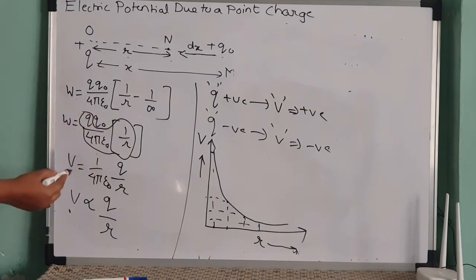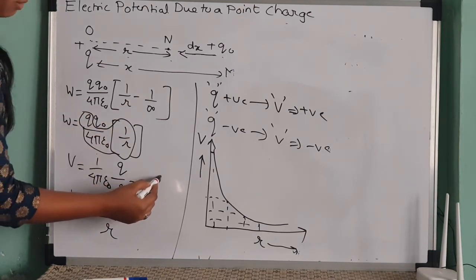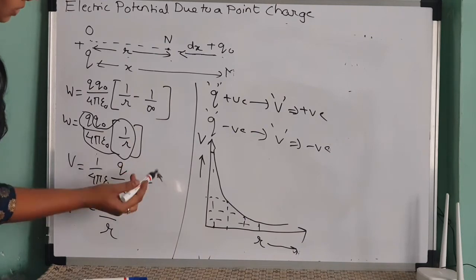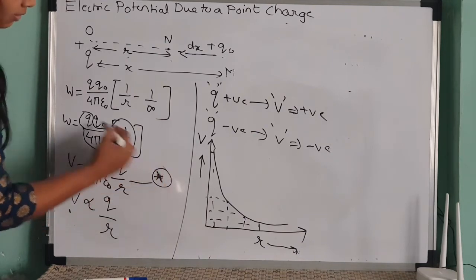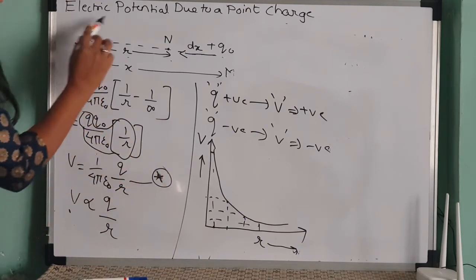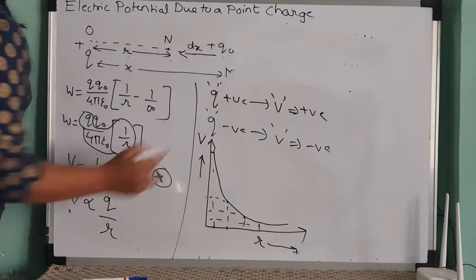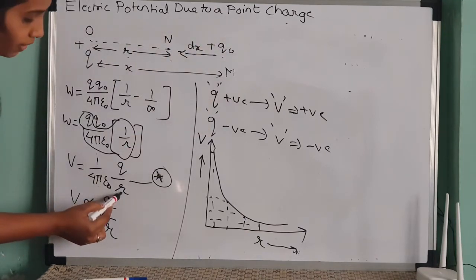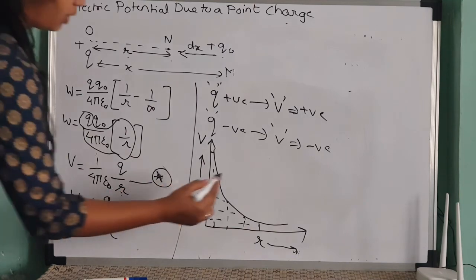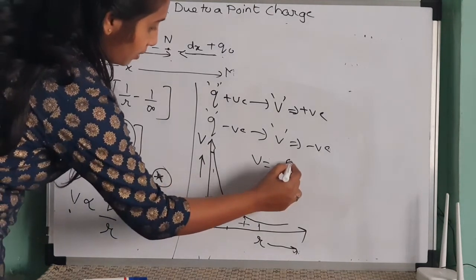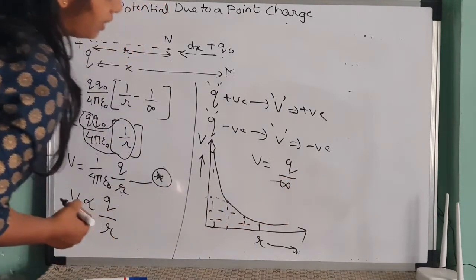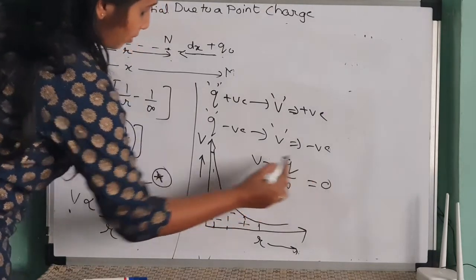One more thing: when you get this equation, I will name it star, the final equation of electric potential due to a point charge. If I take R as infinity, what will you get? V is equal to Q divided by infinity, which is nothing but 0.